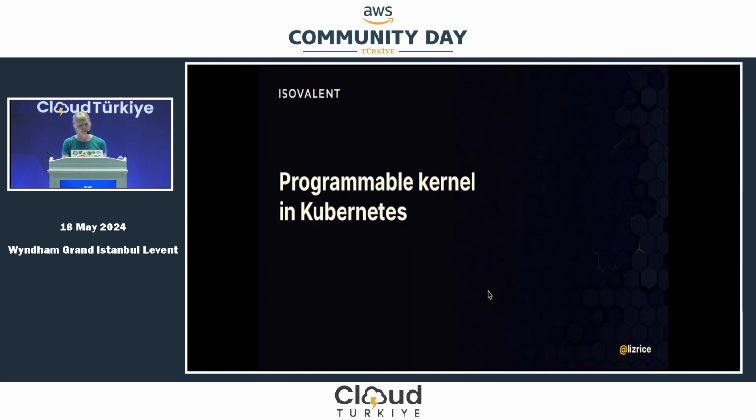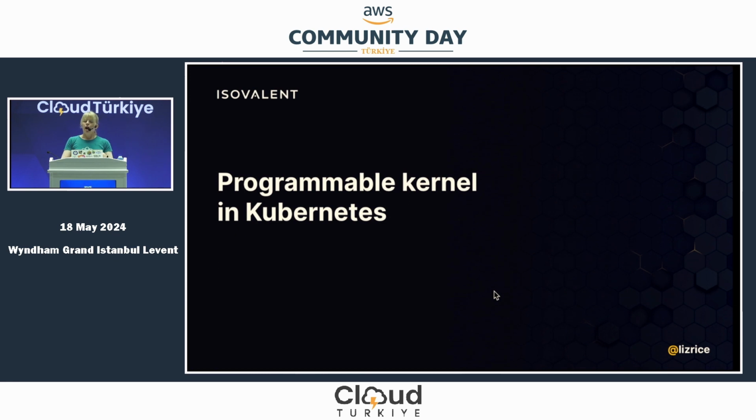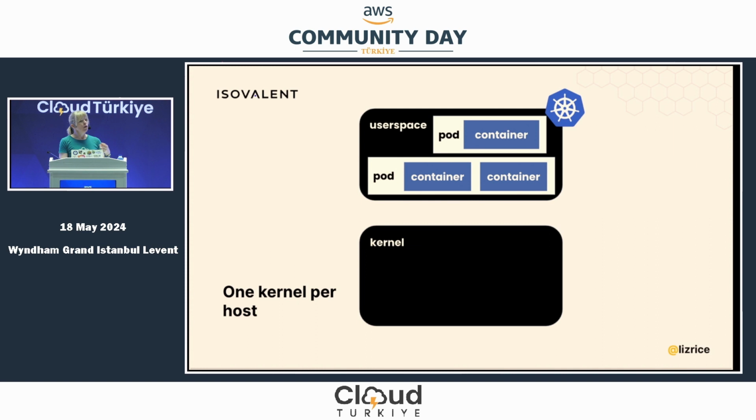I just want to turn a little bit to talking about how this is really powerful in a cloud-native environment like Kubernetes, or really any container environment. When we're running our applications in containers or in Kubernetes, they're running in containers inside pods, but however many pods we're running on a given virtual machine or a given machine, there is only one kernel.